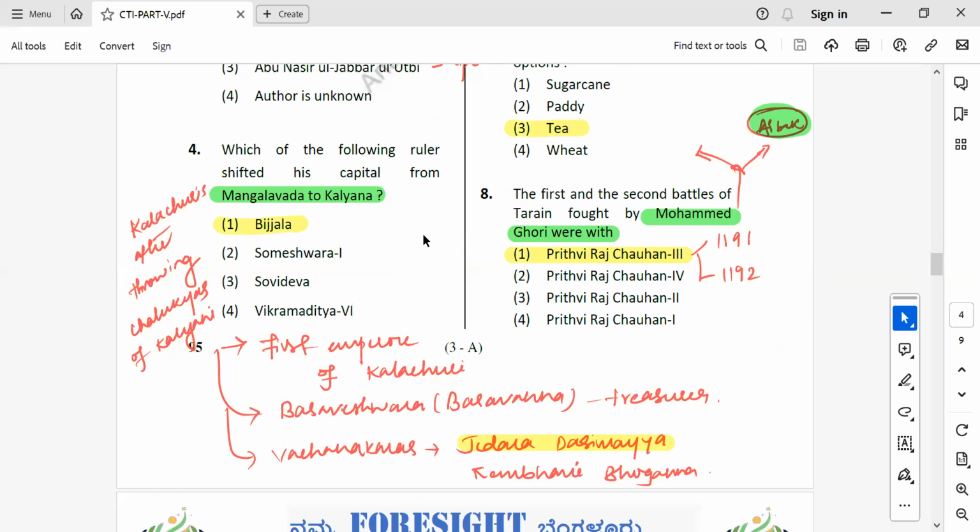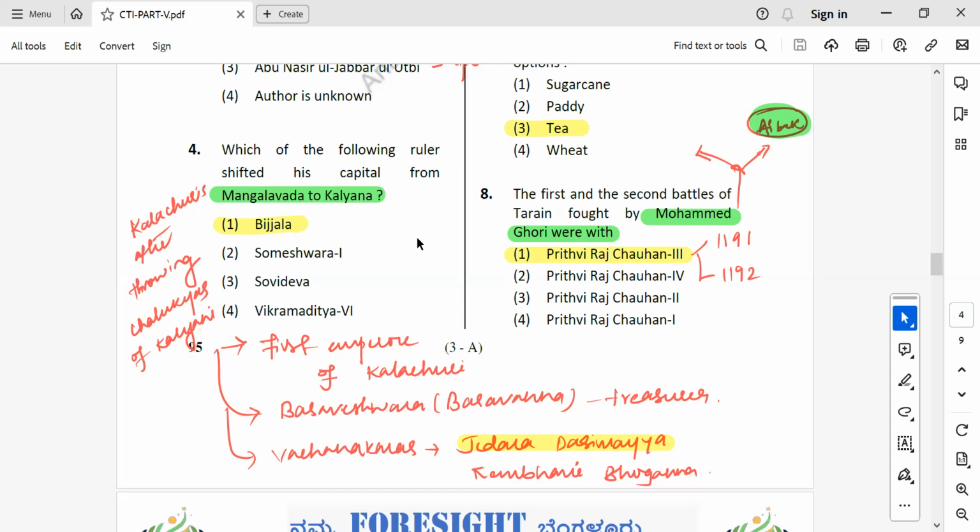Which ruler shifted his capital from Mangalawada to Kalyana? Mangalwada is located on the border of Maharashtra, somewhere near Solapur, to Kalyana. Of course, you might know Kalyana is the present-day Basava Kalyan, which is located in Bidar district. So listen carefully. There are two Chalukyas.